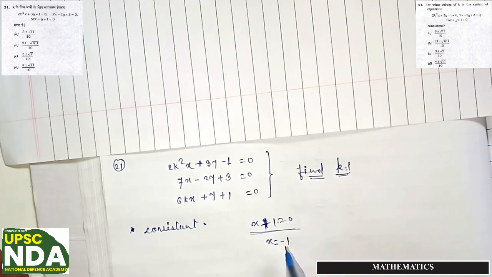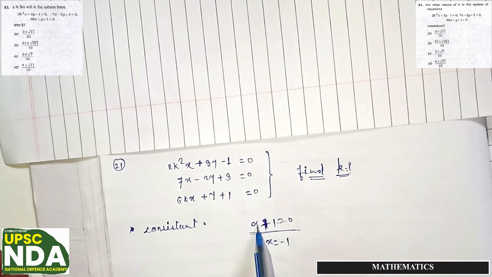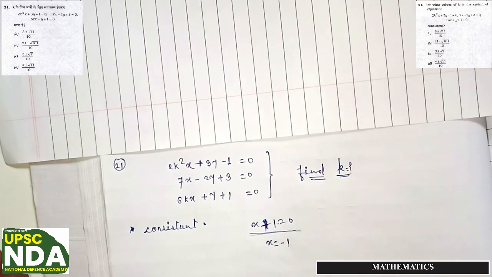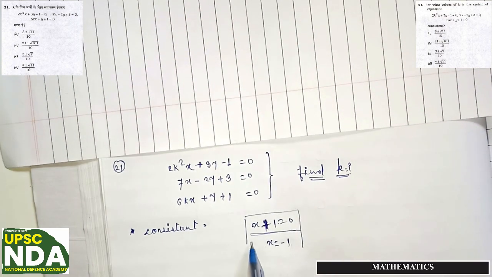If a linear equation, quadratic equation, or any type of equation gives us a solution, then for that particular value we say the equation is consistent. So for x equal to minus 1, that equation is consistent, that means the equation possesses a solution, and that's why it is consistent. Take this as your part of understanding.